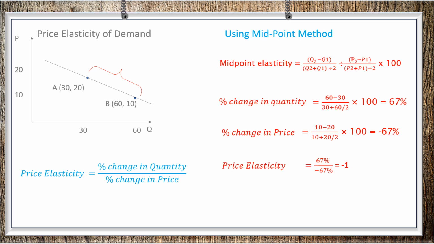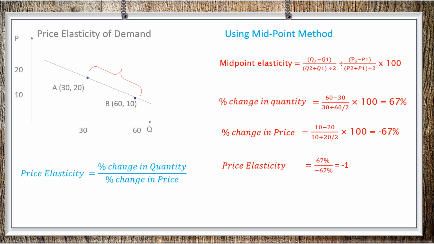Why negative 1? Price elasticities of demand are always negative. This is because price and quantity demanded always move in opposite directions on the demand curve. As you recall, according to the law of demand, price and quantity demanded are inversely related. By convention, we always talk about elasticities as positive numbers.